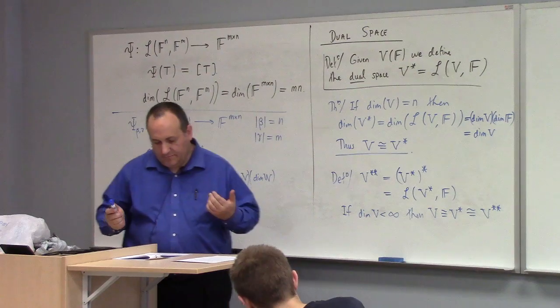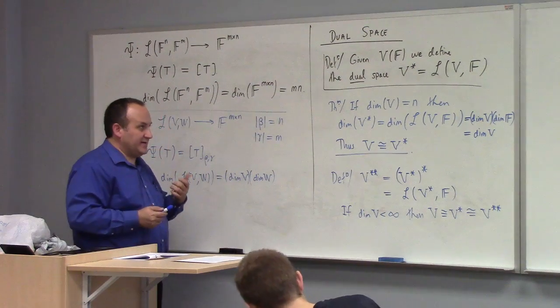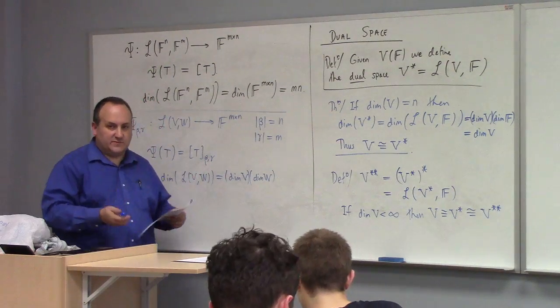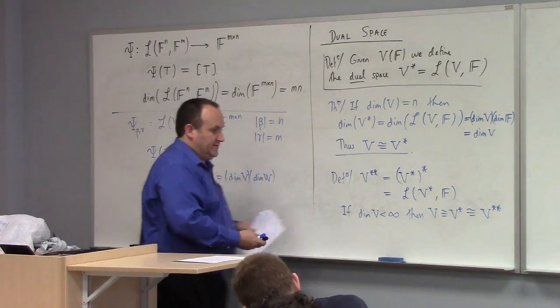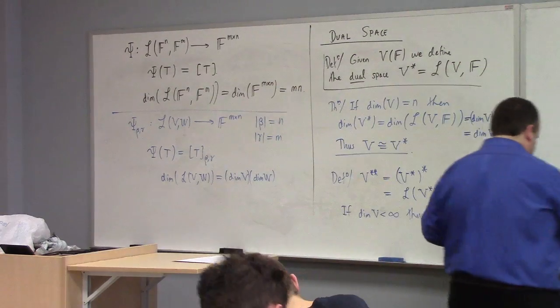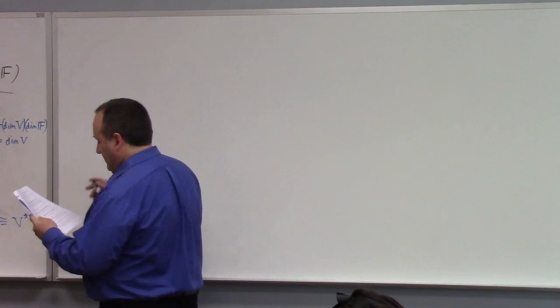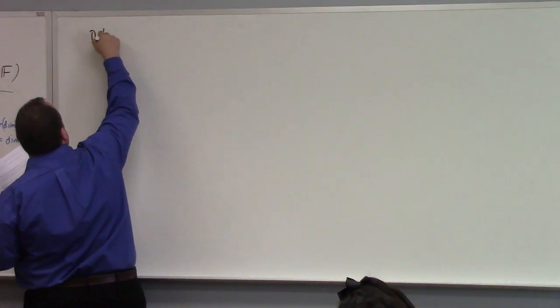Now you might wonder, what are examples of dual vectors? And by the way, a vector in the dual space is called a dual vector. I know, not a very imaginative name, but there it is. And so here's another definition for us.